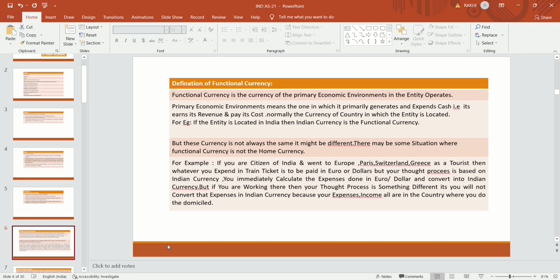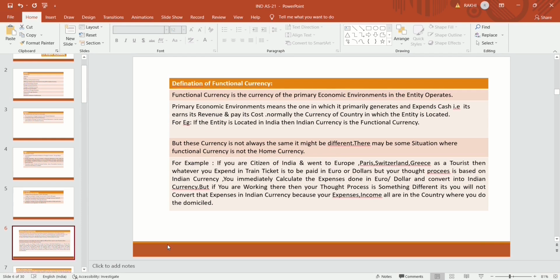Like we will take the example of Tata. It's a big industry. It is located in India, and its functional currency is the same as the presentation currency. Even though it has many subsidiaries located in foreign markets, outside India also.